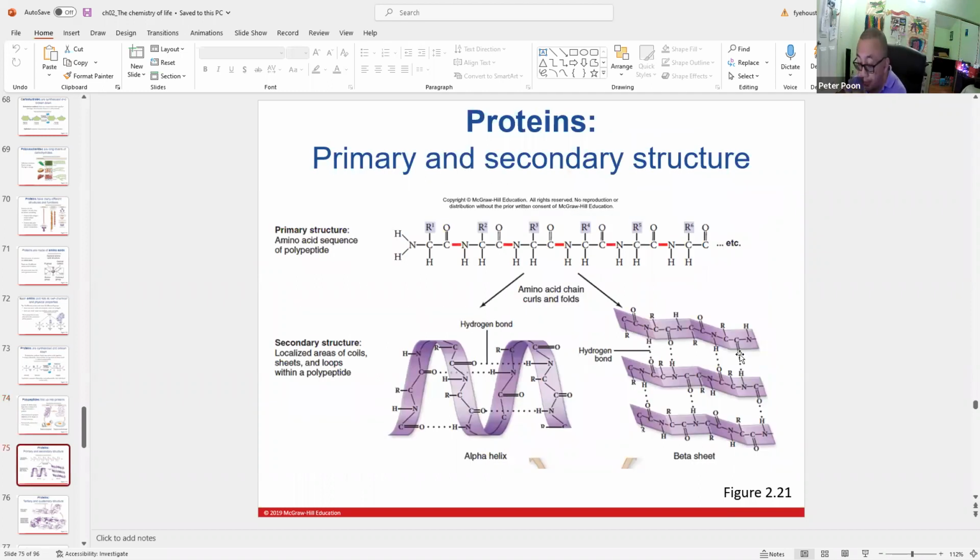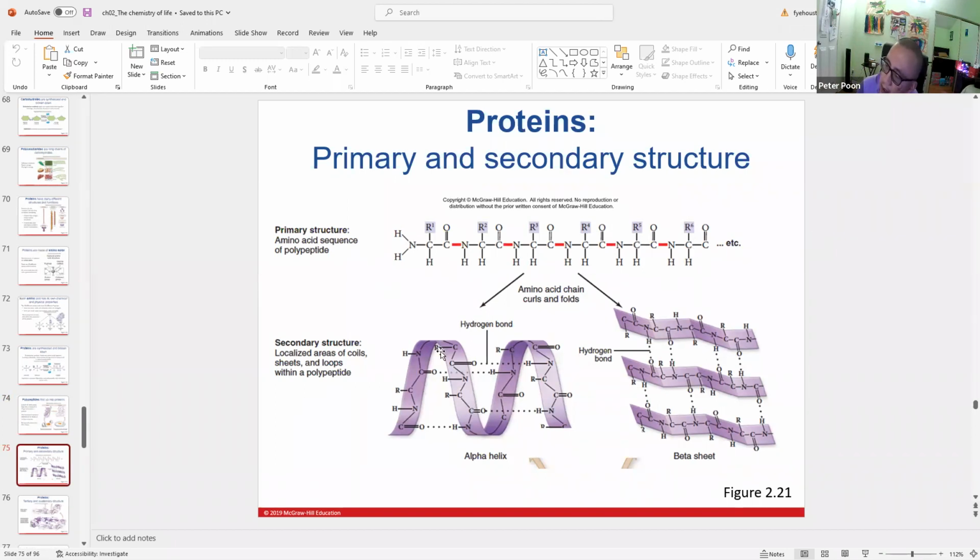There are 4 levels of structure in protein: primary, secondary, tertiary, quaternary. The primary sequence or primary structure is also known as the amino acid sequence. This is how the protein is actually strung together into a string. So the amino acid sequence is right here.